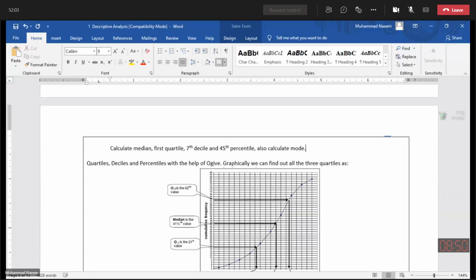In previous case, when we have ungrouped data, mode is the most frequent value. Maybe there is no mode, but if some value has comparatively more repetitions, that will be the mode.